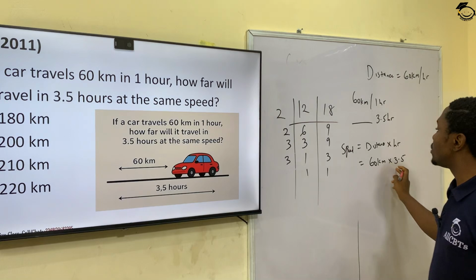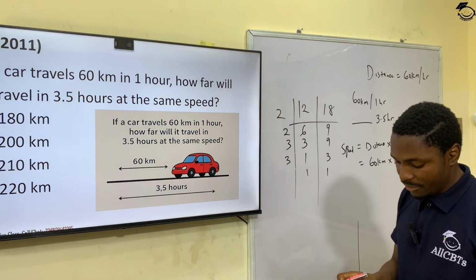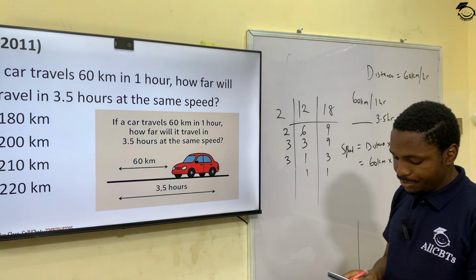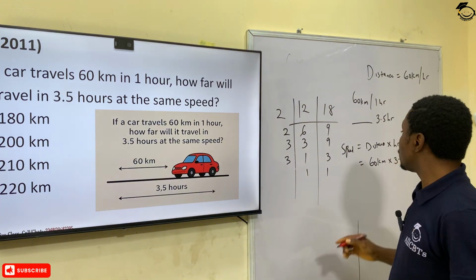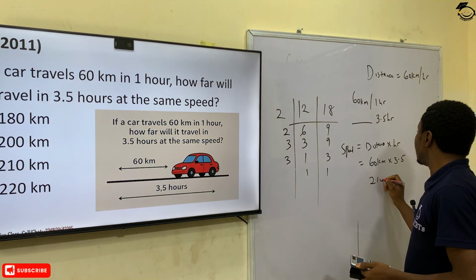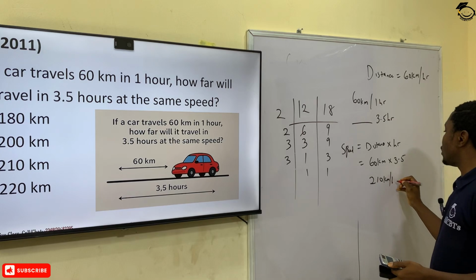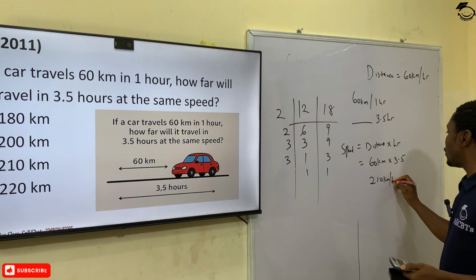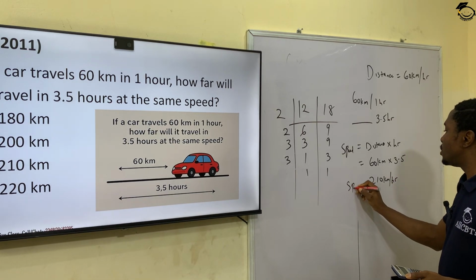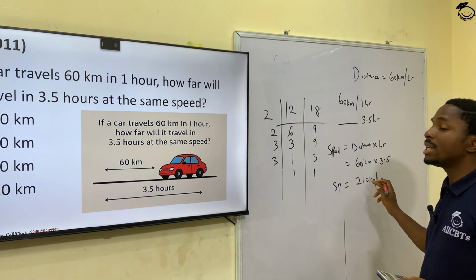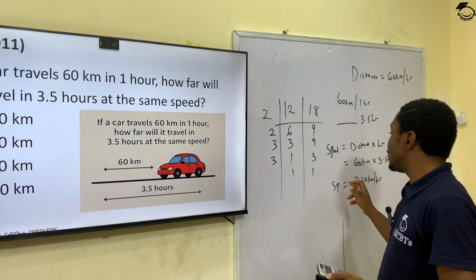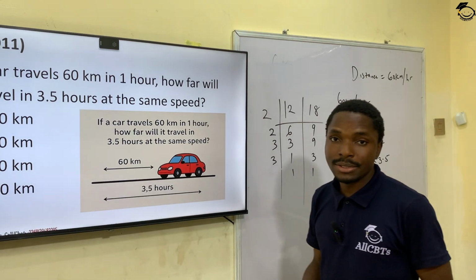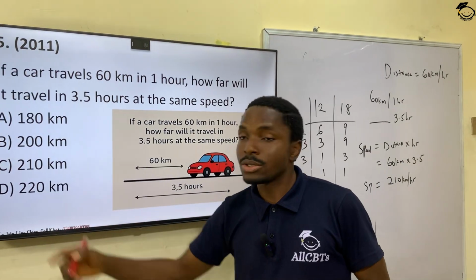So by the time you multiply that together, 60 times 3.5, you would have 210 km. You will travel 210 km in 3.5 hours. Okay, so that's option C.